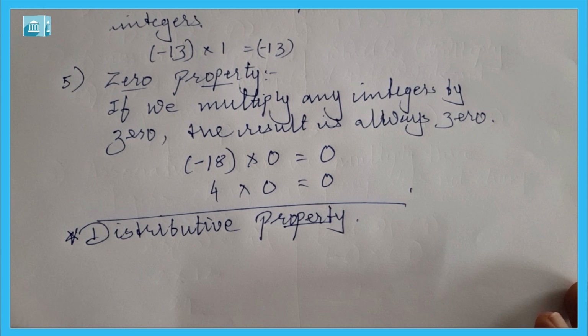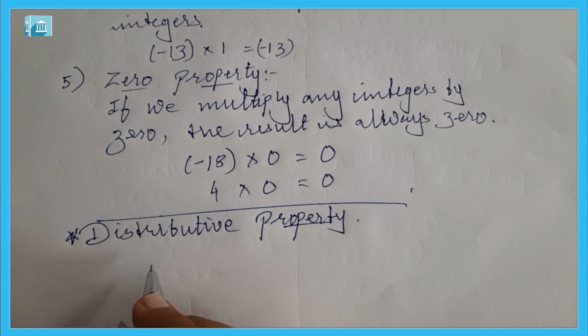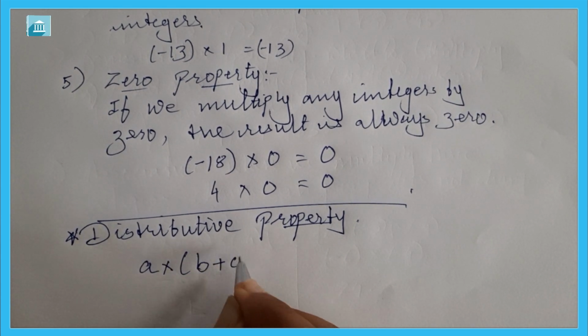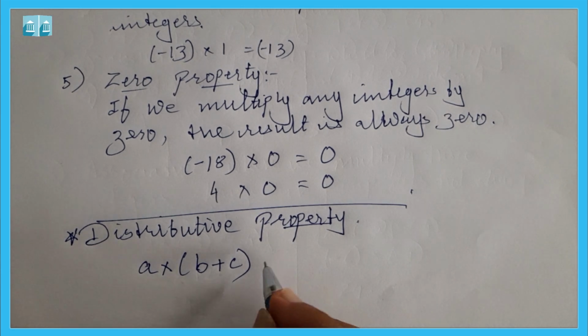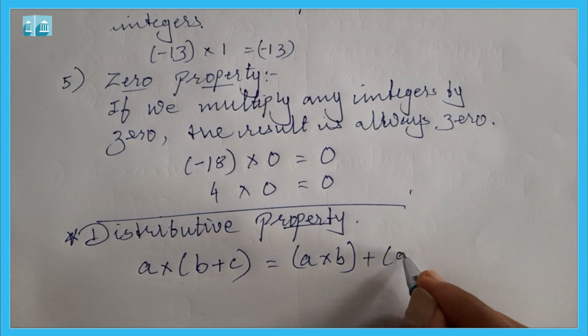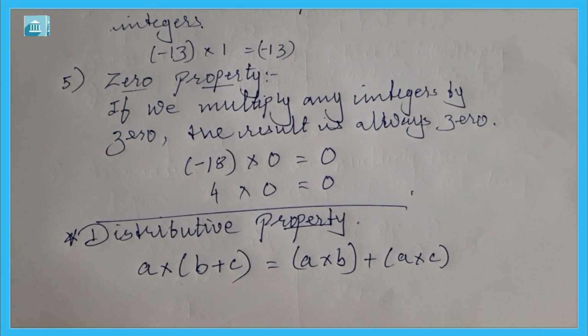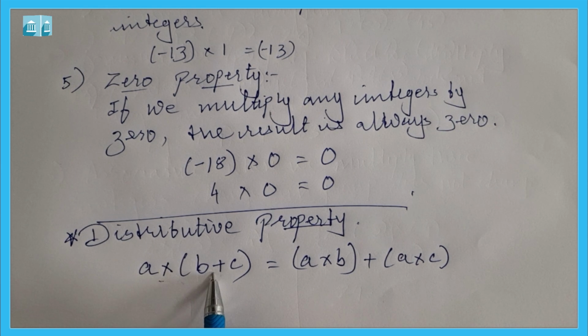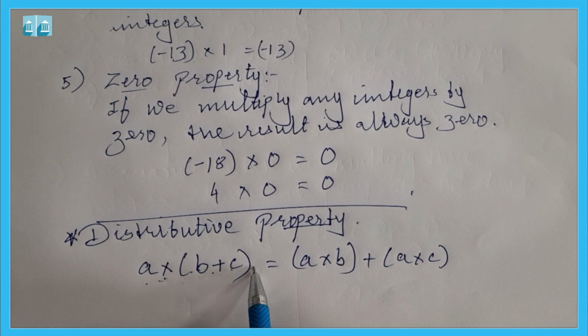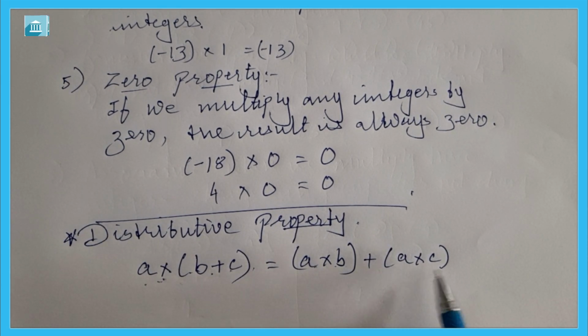Distributive property of multiplication over addition: A multiplied by B plus C is equal to A into B plus A into C. This is the distributive property of multiplication over addition.